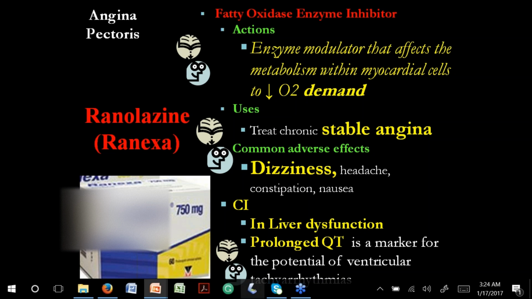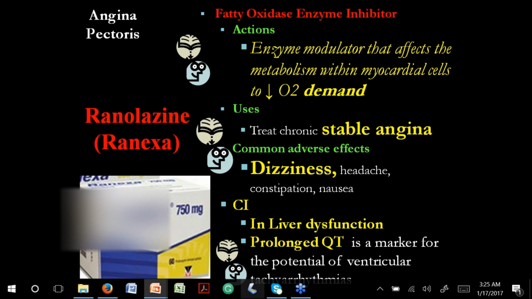Instead of that, we are going to use glucose. That is easier, and they need less energy, less ATP, in order to create energy. So glucose is easier to metabolize with less use of energy. That means less demand of energy from the heart.